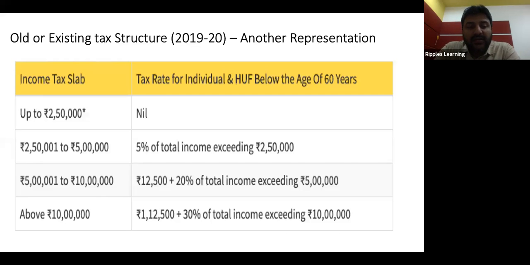Now, if you are earning more than 10 lakhs, then the maximum taxable amount for the slab between 5 lakh to 10 lakh is 1 lakh, and 12,500 is for the slab before that. So your tax would be 1,12,500 plus 30% of income exceeding 10 lakhs. Is it clear? Can you make sense out of it?